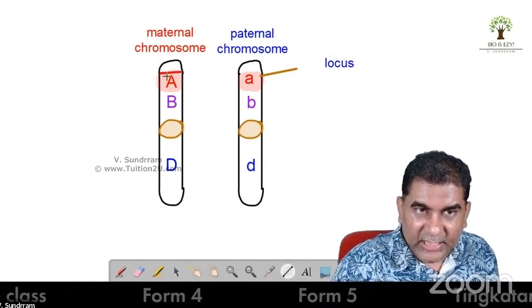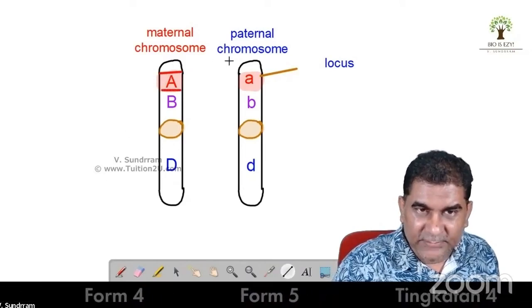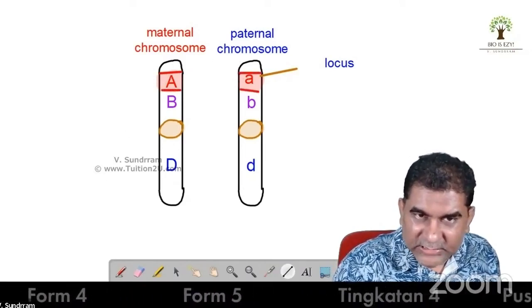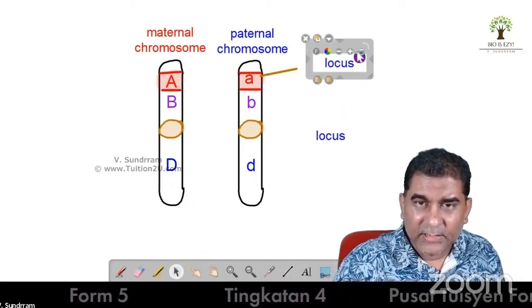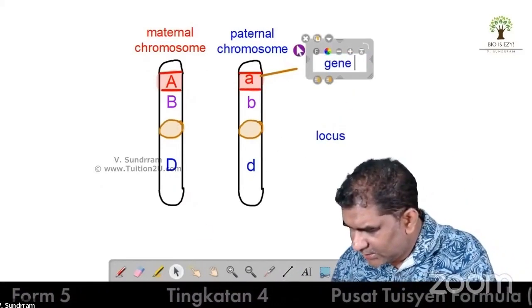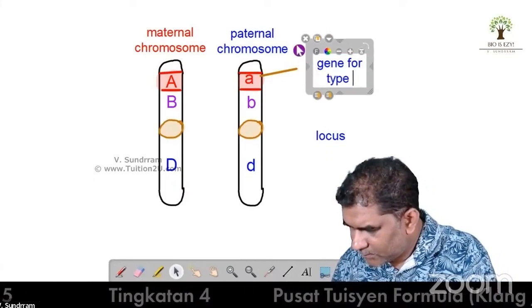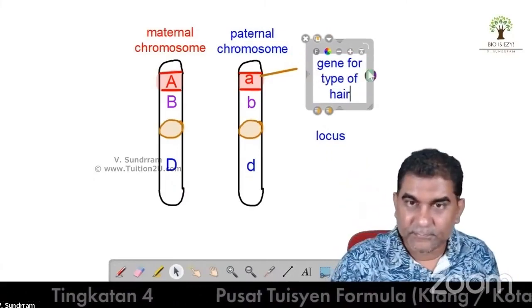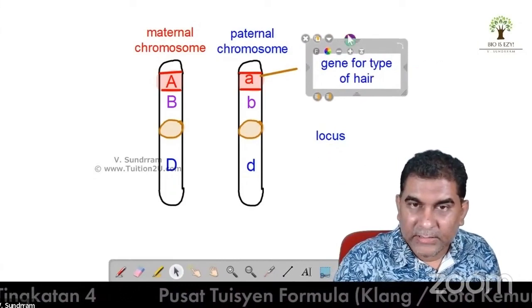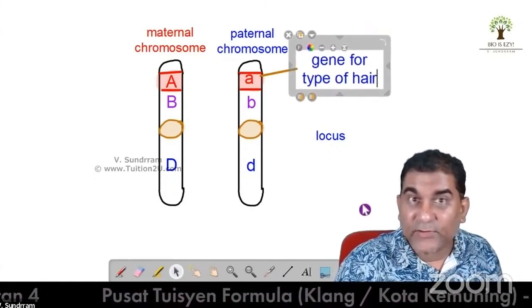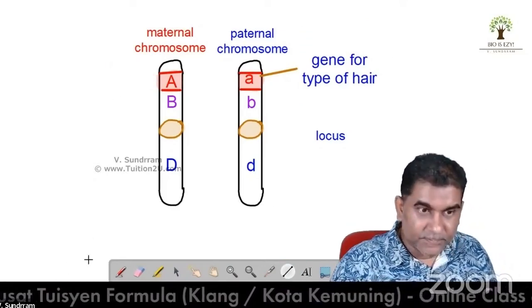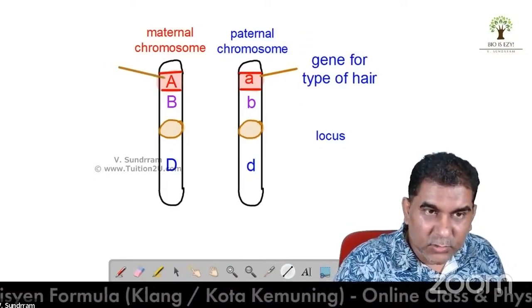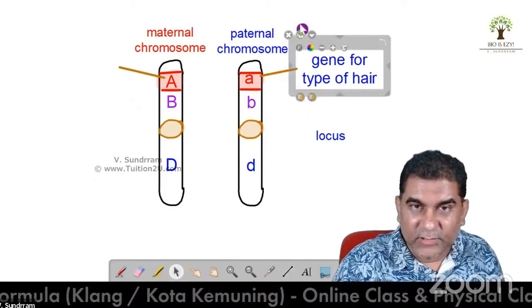This area has the same gene. Let's say, for example, this area has the gene for type of hair. If here you have the gene for type of hair, this one also must be the gene for type of hair.